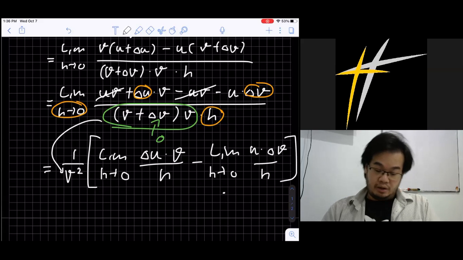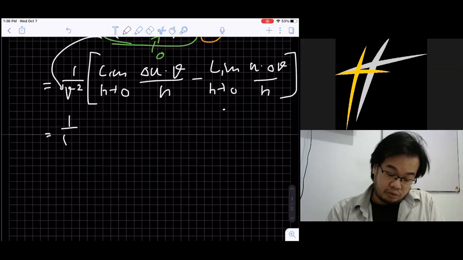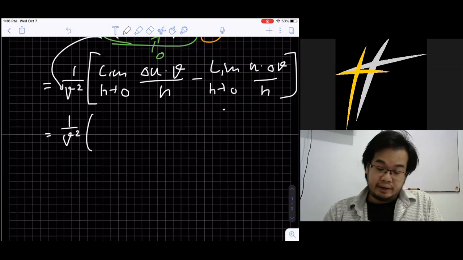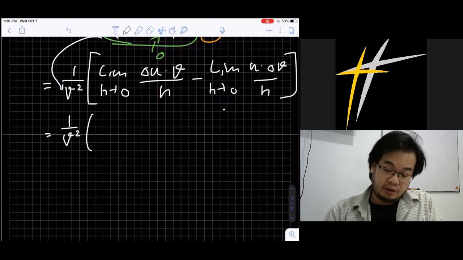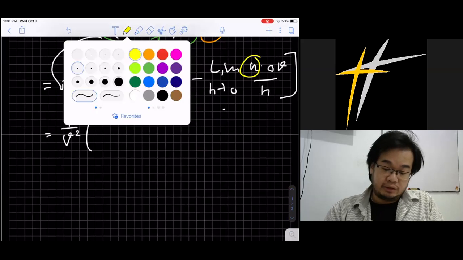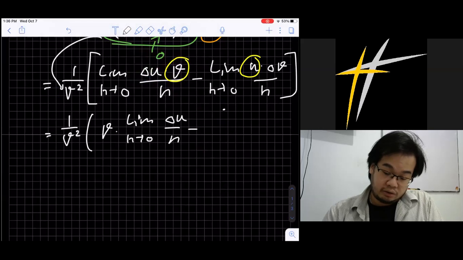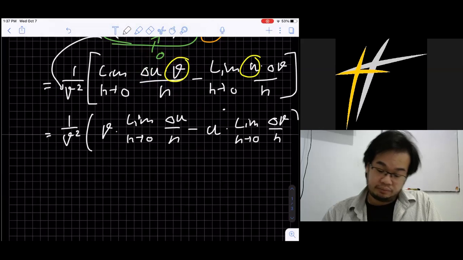Then like yesterday, it will be 1 over v square, then the v here, and the u here is not affected by the value of h. So basically we can write it as v times the limit as h approaches 0 of delta u over h, minus u times the limit as h approaches 0 of delta v over h.